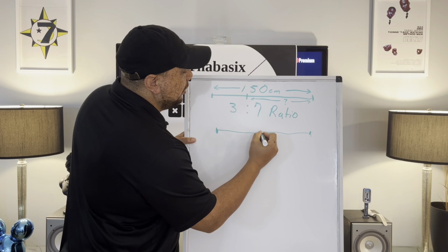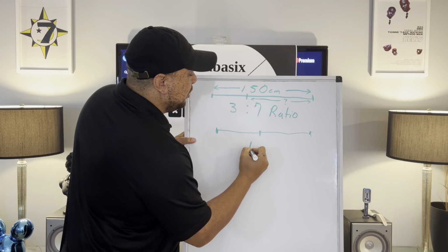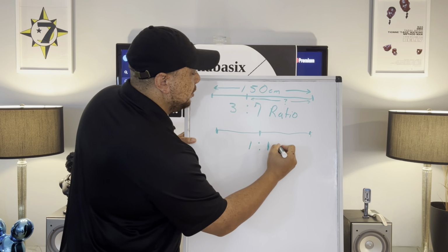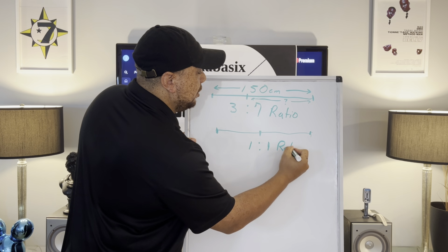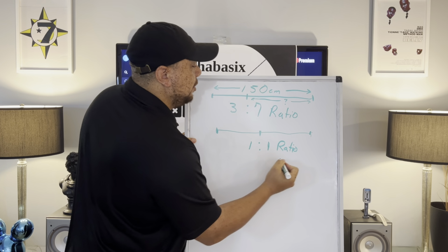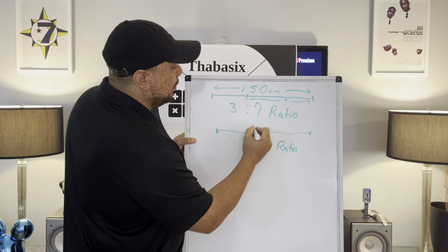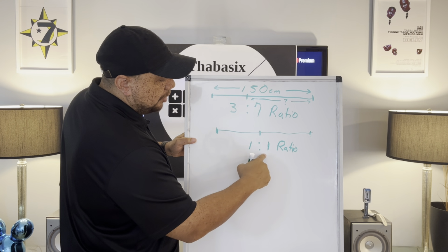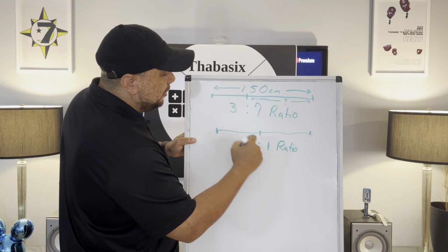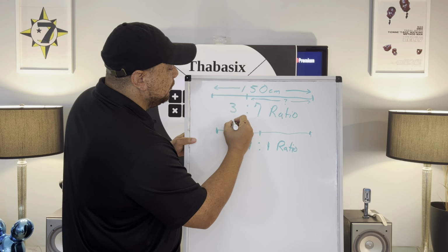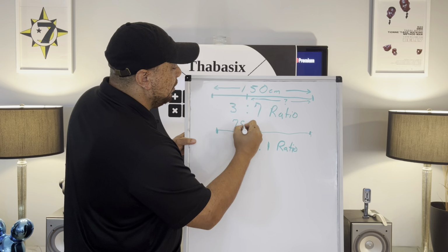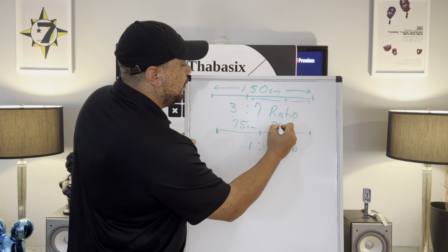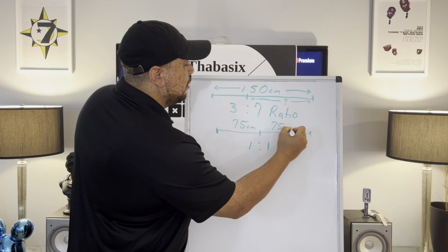If this was 150, each side would be even with each other. So each side would be 75. So that's a 1-to-1.